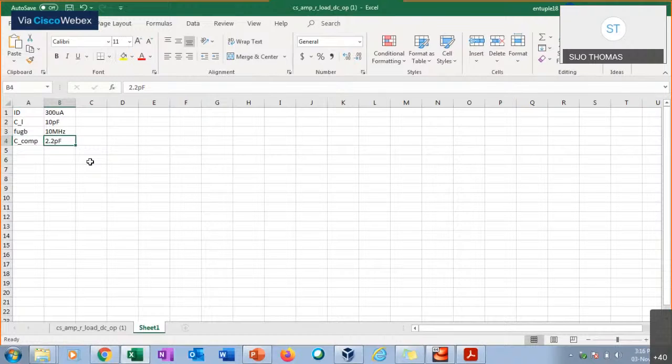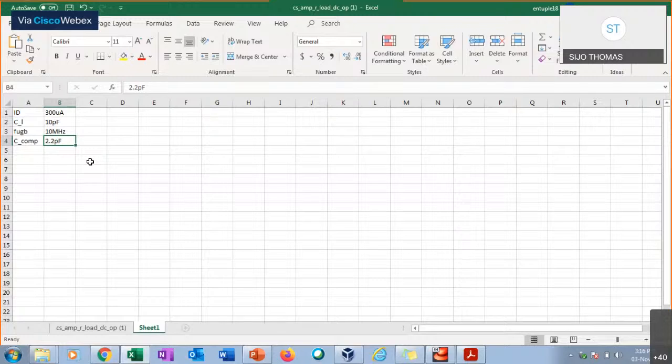If you substitute the values here, taking into consideration that your zero frequency is a decade away from the unity gain frequency, you can find the value for CC relative to CL for a phase margin greater than or equal to 65 degrees.